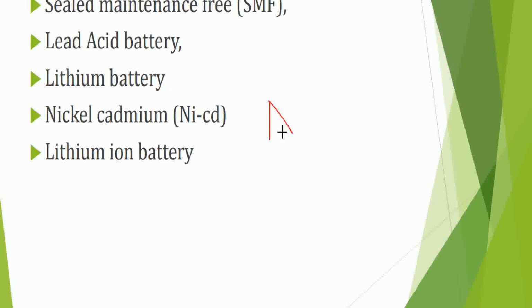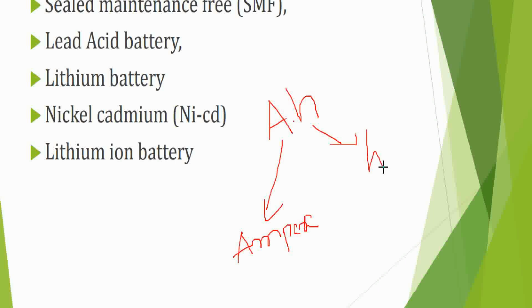On the battery you will find A dot H. This A stands for ampere, which indicates your current, and this H stands for hours. So the unit is ampere hours.